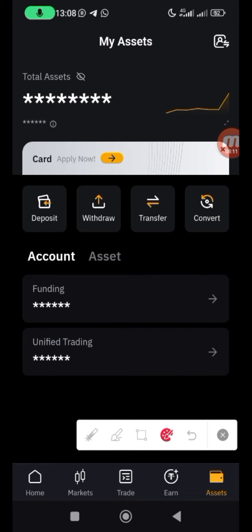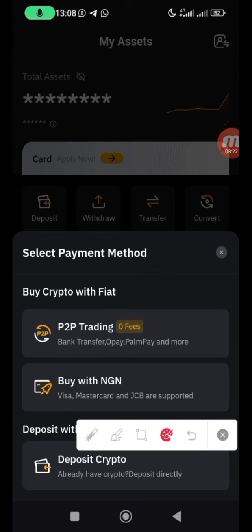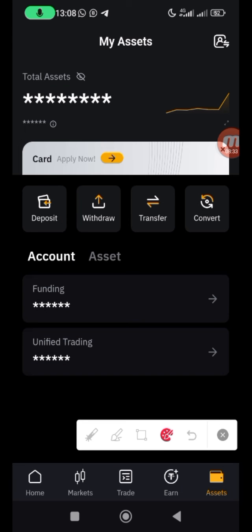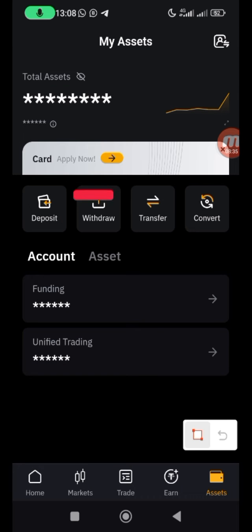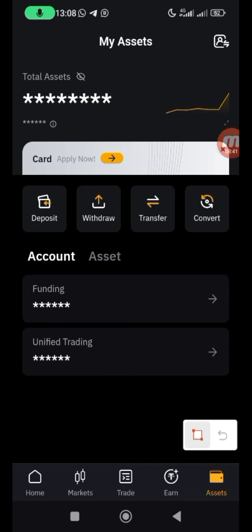This is the coin you have in your Bybit wallet. Now let's go to deposit. This is where you put in your money, and through here you get your money into your Bybit. Then we have withdrawal next. Withdrawal is where you pull out your money from your Bybit.